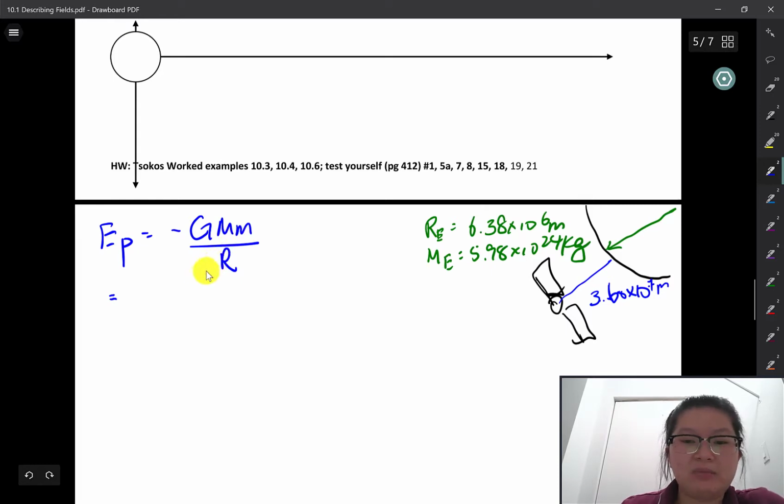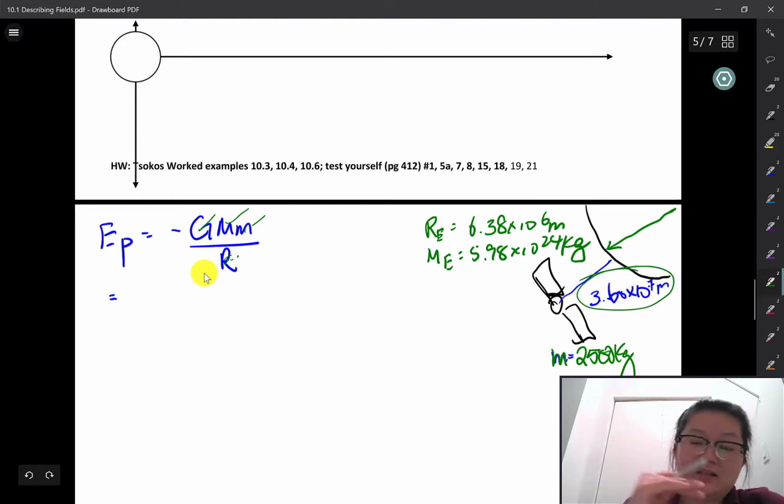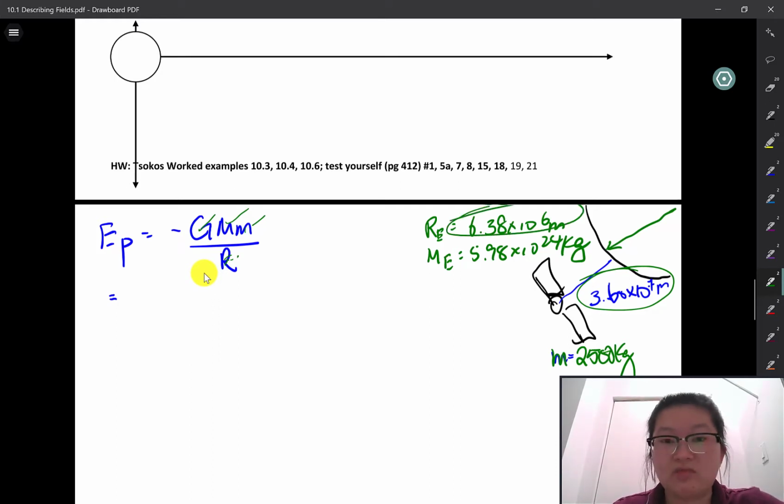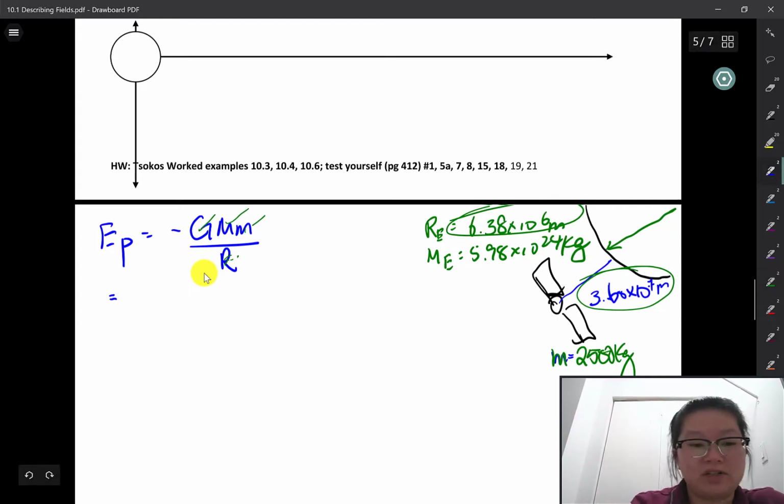One more thing: the little mass of this satellite is 2,500 kilograms. So we have big G, the mass of the Earth, the mass of the small satellite, and this R is a combination of the height above the surface as well as the distance to the Earth's center, which is the radius. So we just have to be careful when substituting those numbers in.